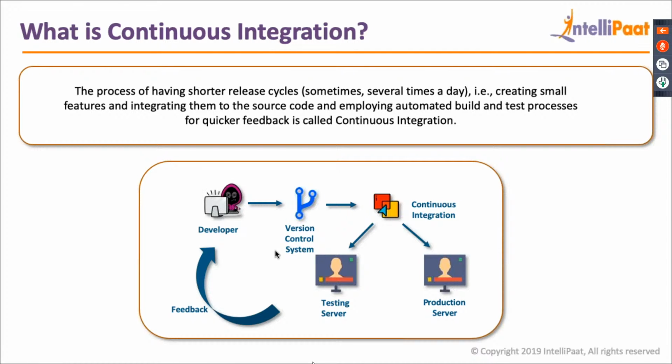So what is integration in this case? This tool is so versatile that it can integrate itself with any DevOps tools, right? And since over here we are not only integrating the version control system with the testing server, we're also integrating it with the production server, right?